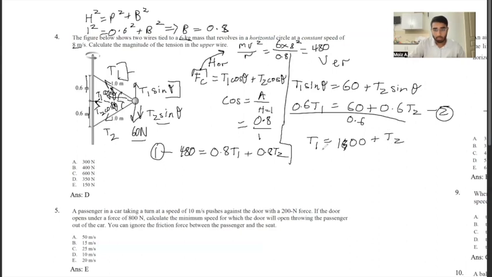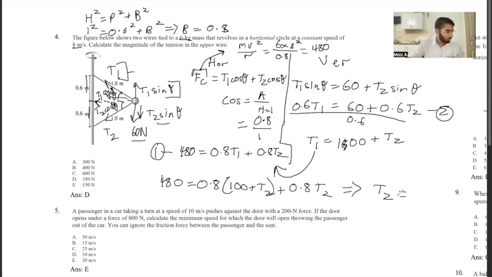All right, so T1 equals 100 plus T2, and we'll put it over here. 480 equals 0.8 times (100 plus T2) plus 0.8 T2. And yeah, we're going to solve this, and what we'll end up with is T2 is going to be whatever, and T1 is going to be 350, and this is what we need to find, the tension in the upper wire, which is going to be 350.